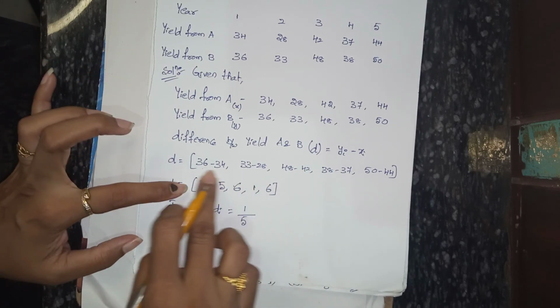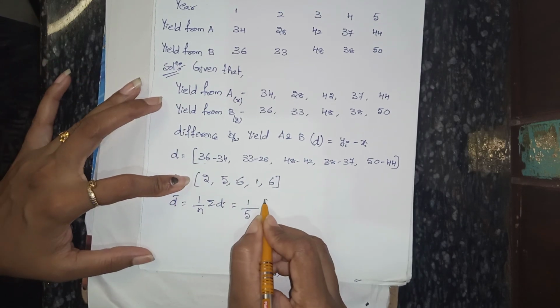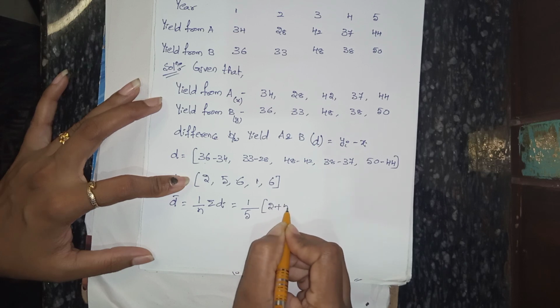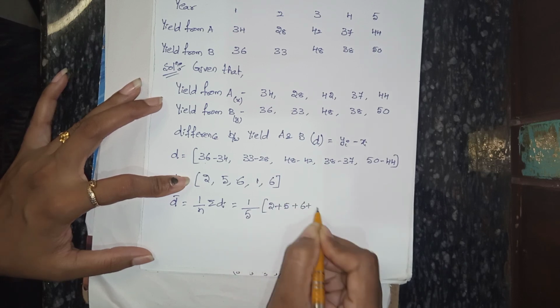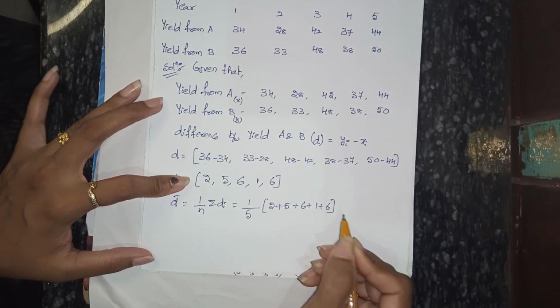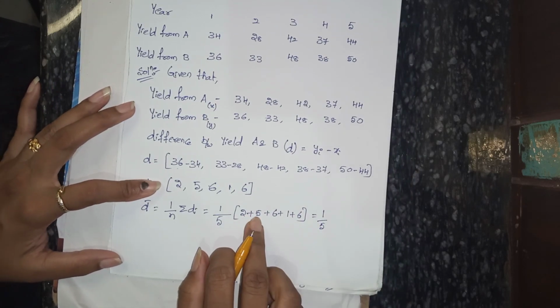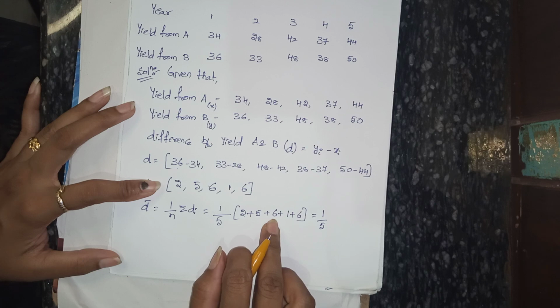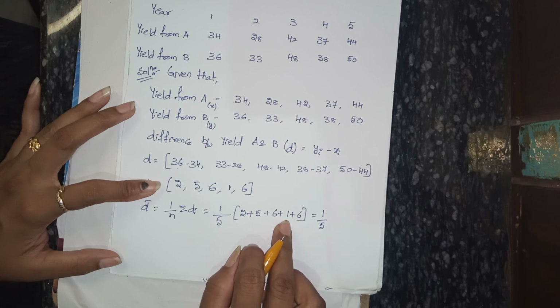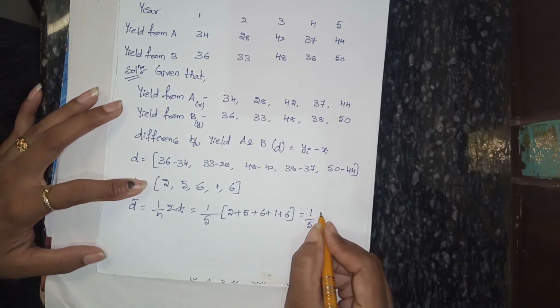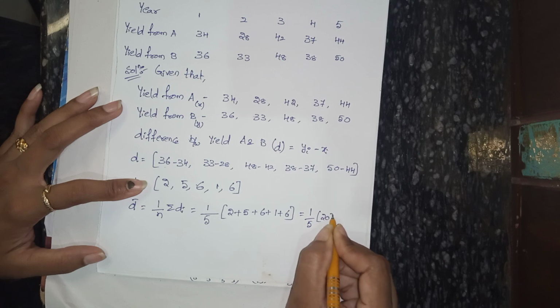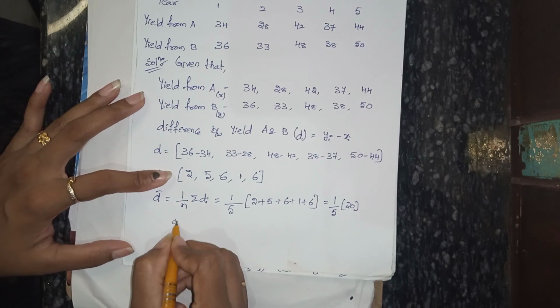We have to add all the di values: 2 plus 5 plus 6 plus 1 plus 6. 2 plus 5 is 7, 7 plus 6 is 13, plus 1 is 14, 14 plus 6 is 20. So 20 divided by 5 gives the d bar value, which is 4.